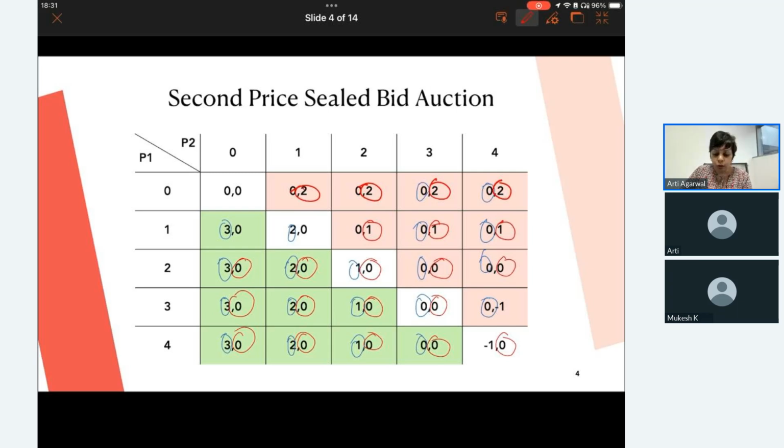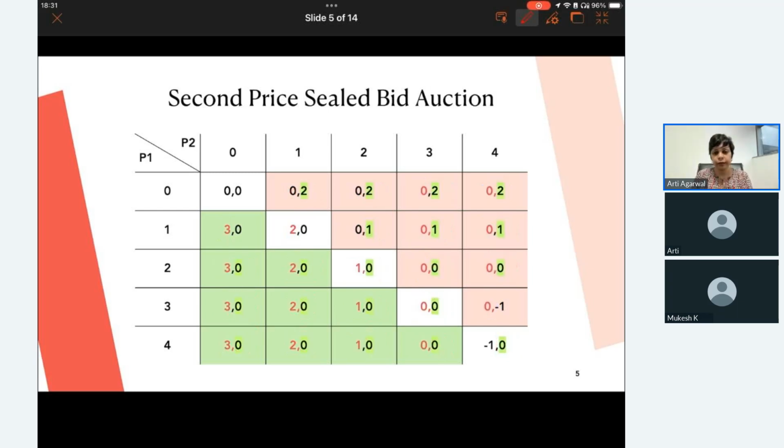Now, all the boxes in which both the players are playing their respective best response, they're all Nash equilibrium. So I have just represented it in a little neater way in the next slide, like this. So you can see all the numbers are colored, whatever are the best responses. And all of these are Nash equilibrium.